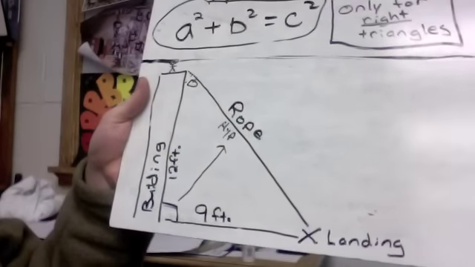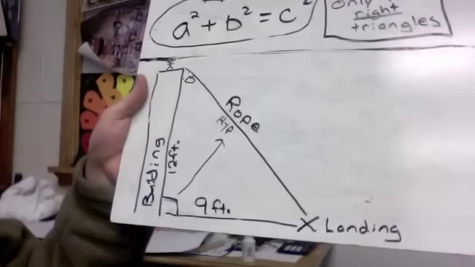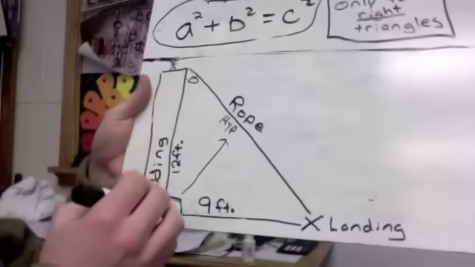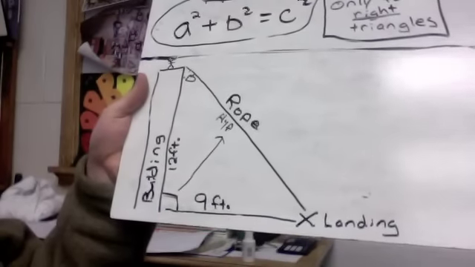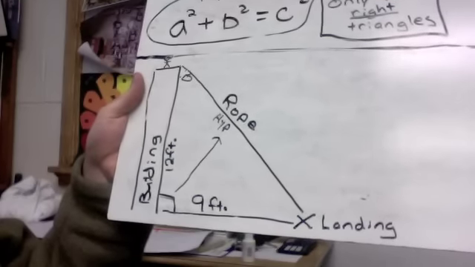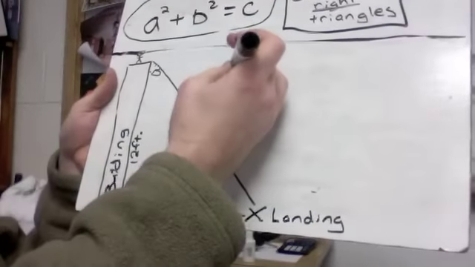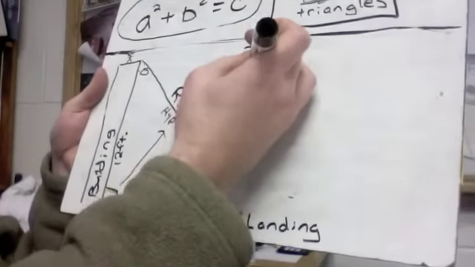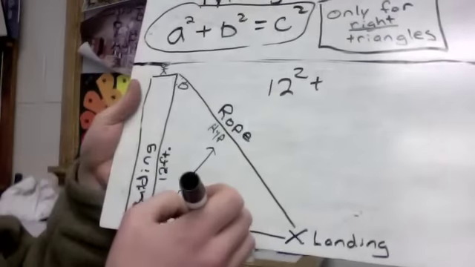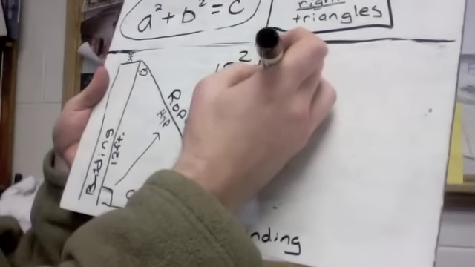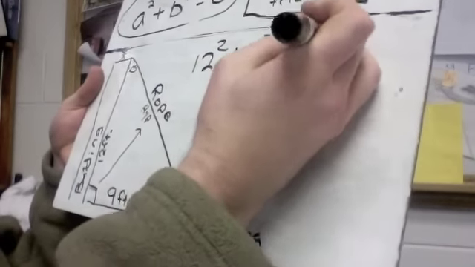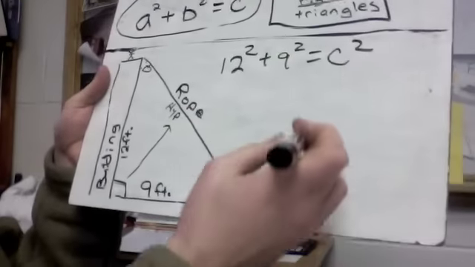So let's see what the rope's going to be using the Pythagorean theorem. Remember, either the side of the building or the ground can be A or B. It doesn't matter because they're not the hypotenuse. So let's use 12 as A. So we'll do 12 to the second power. B is going to be the other one, so that'd be 9 to the second power, equals C to the second power.